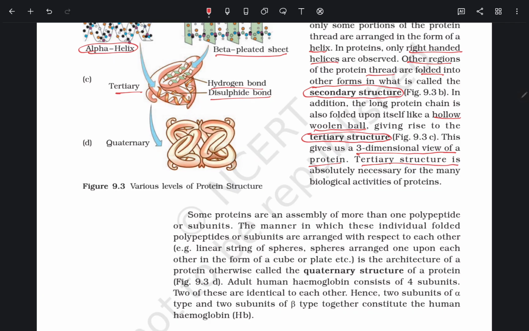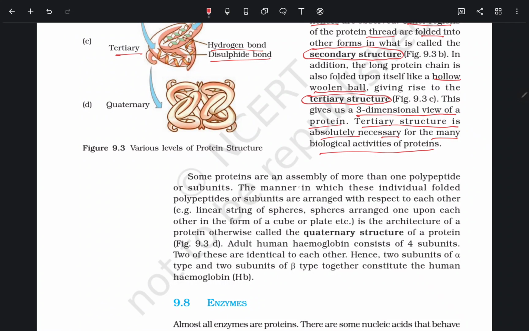Tertiary structure is absolutely necessary for the many biological activities of proteins. Some proteins are an assembly of more than one polypeptide or subunit.